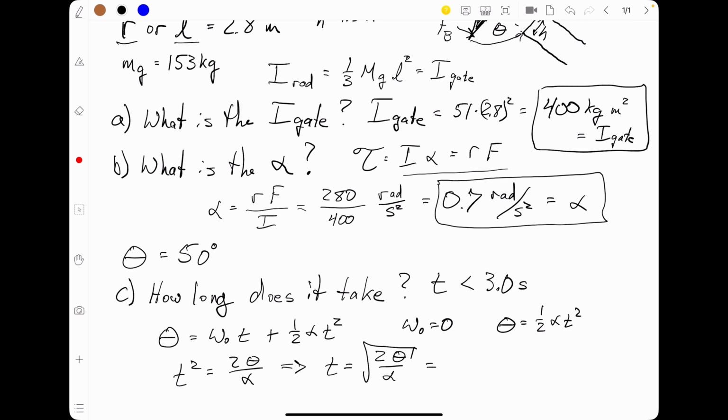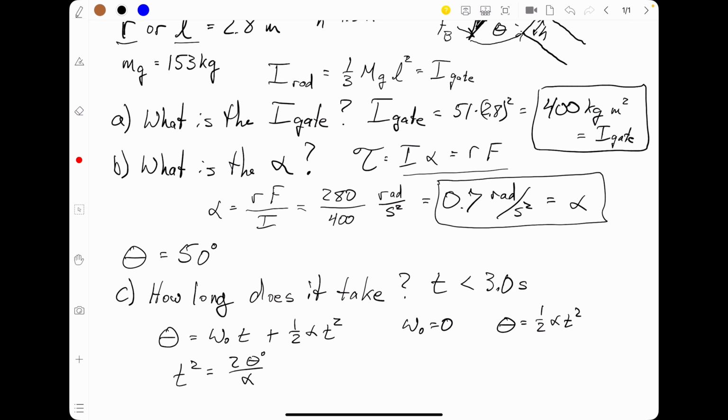So 100 divided by 0.7. Oh no. What do we have here? Everyone should be saying, oh no, this is no good.